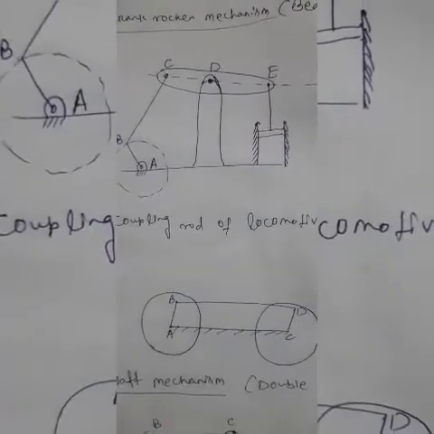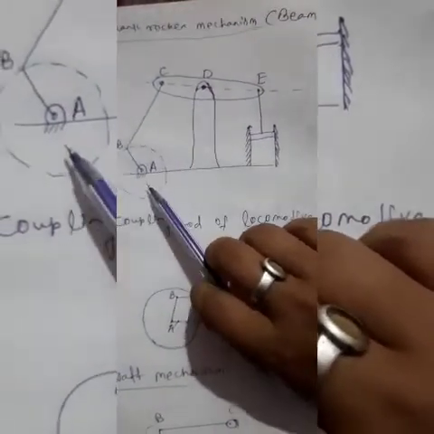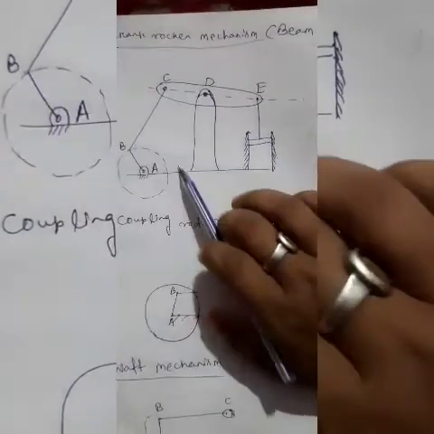The crank rocker mechanism is observed in the beam engine. So here, this is the fixed link, the cylinder, and this crank is attached to a point A about which it is rotating.